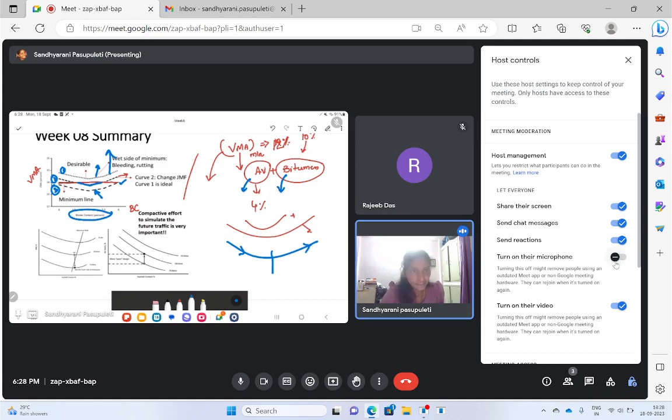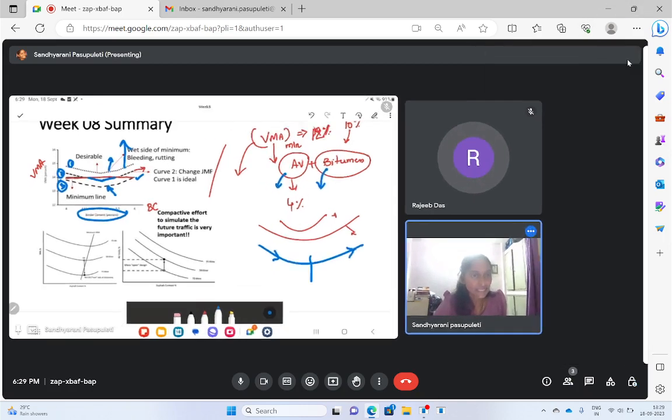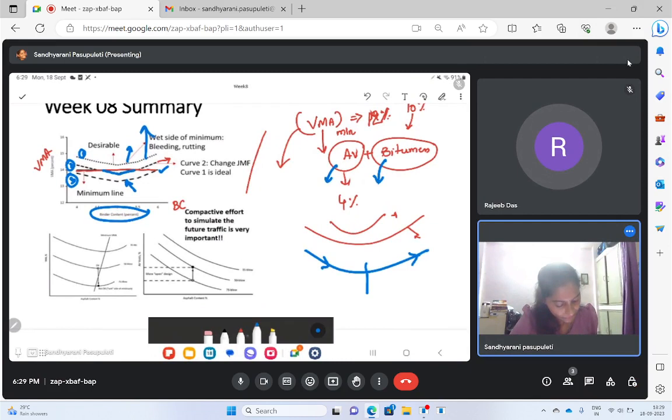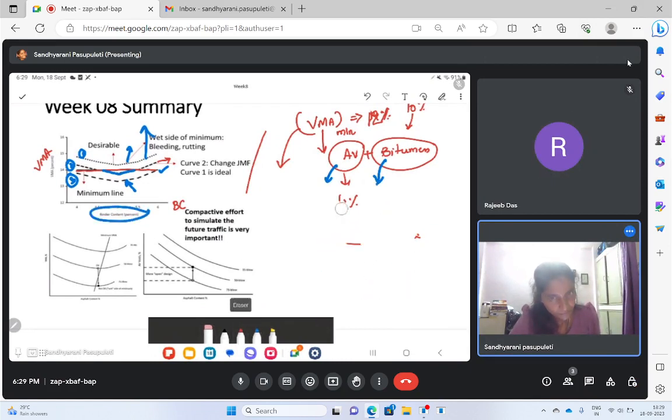So initially it will be decreasing because it is exactly like the GMB, how we have discussed. So as I keep adding bitumen content, what happens? Let me erase this. Let us say in the VMA we have some voids now.